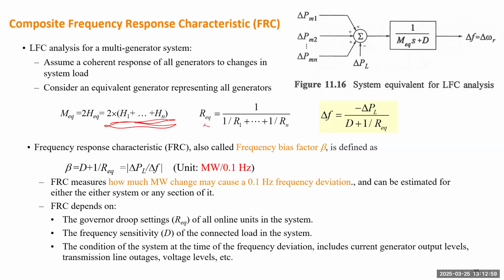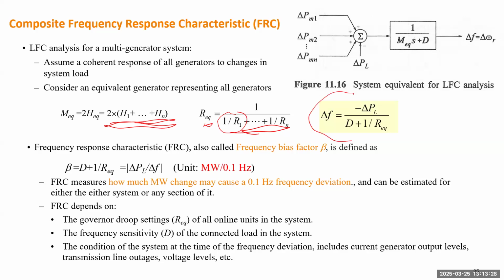And the total equivalent R, we can take like a parallel circuit rule. Which means any R decrease will be reflected in the total equivalent R. So if you have one R which is very small, maybe unit number one is very sensitive, that one will take the majority of the job of frequency regulation.